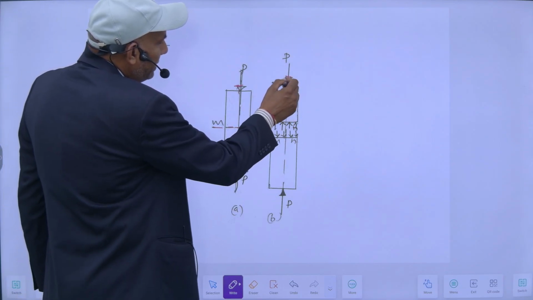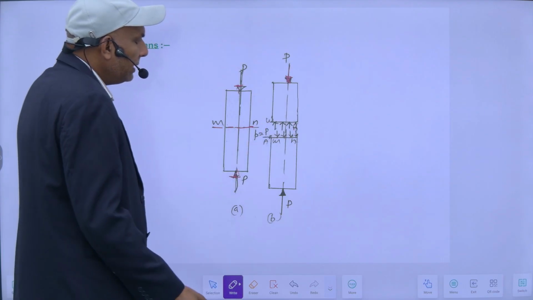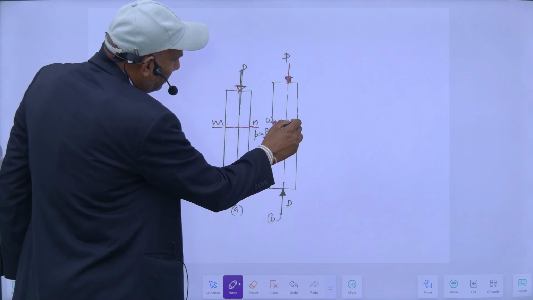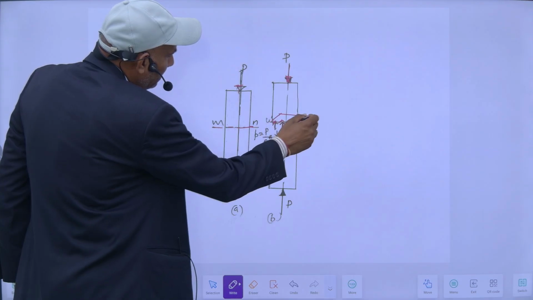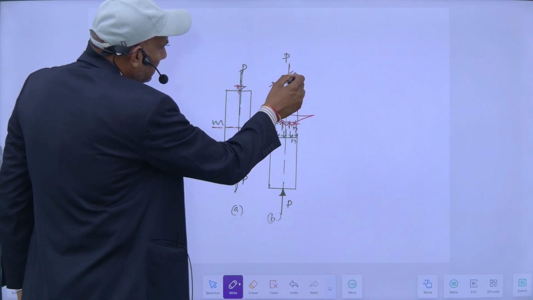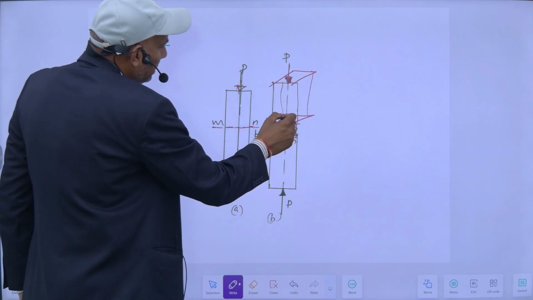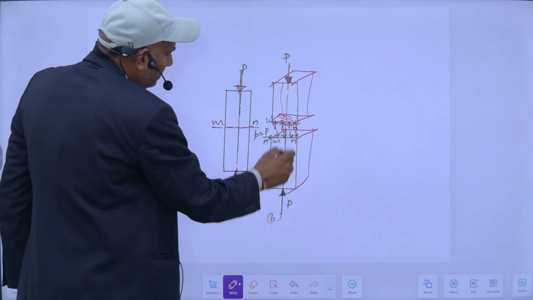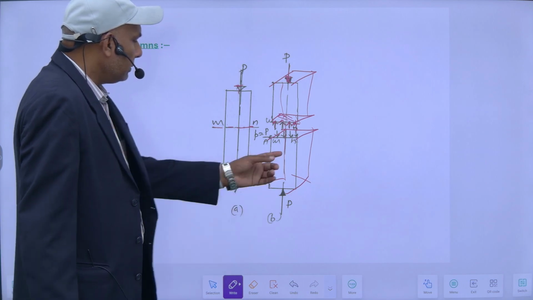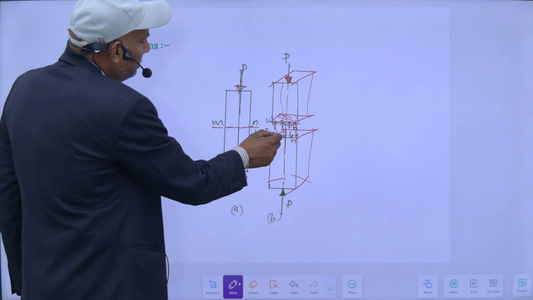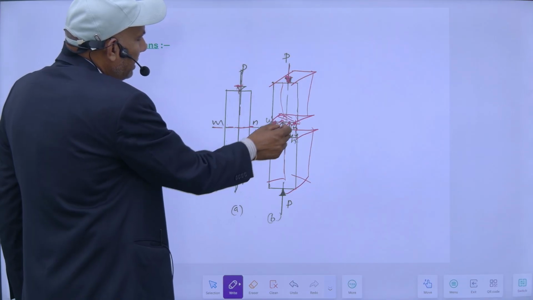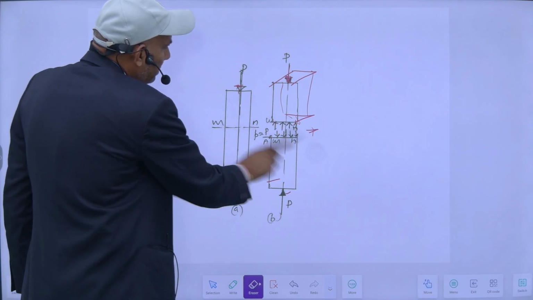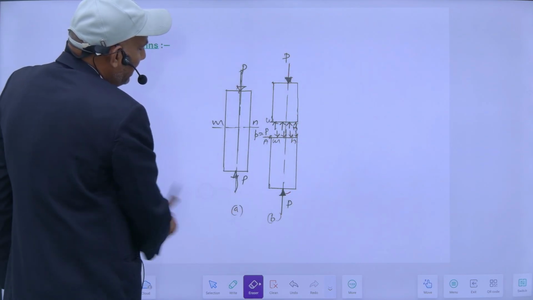This is the compressive force P. For the equilibrium of this, compressive stresses will be developed here, and that will act on the whole area. Similarly here. So the stress is equal to the resistance upon area, or load upon area. So this is the compressive stress developed in columns.